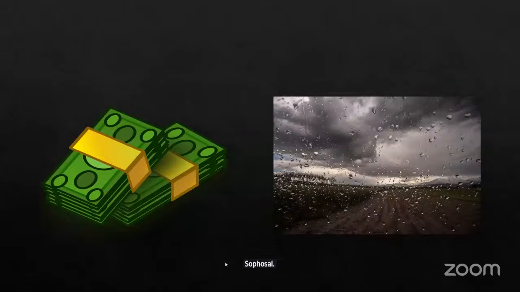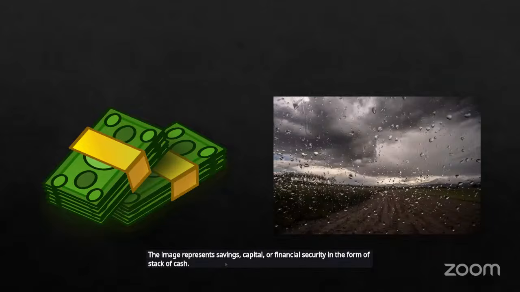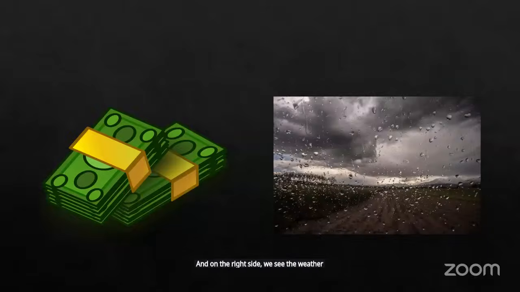Okay. As we see on the left side, the image represents savings, capital, or financial security in the form of stacked cash. And on the right side, we see the weather, which is an unpredictable, uncontrollable natural force. It represents external factors that can impact our lives regardless of our plans.